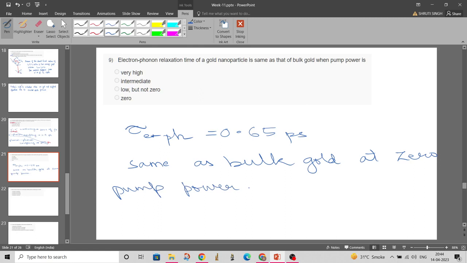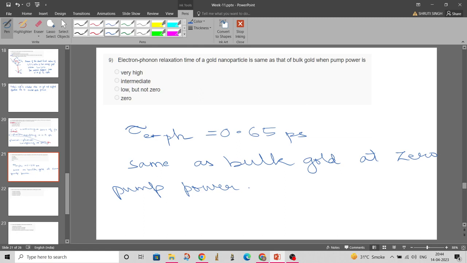When you extrapolate it to 0 pump power, then the electron-phonon coupling is the same as that of bulk gold.